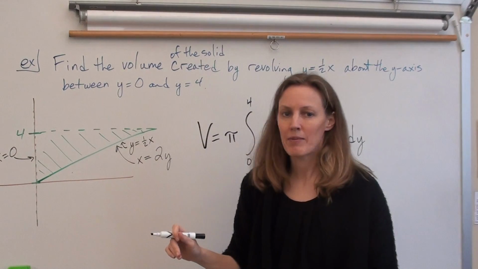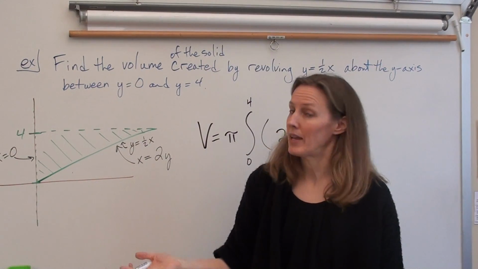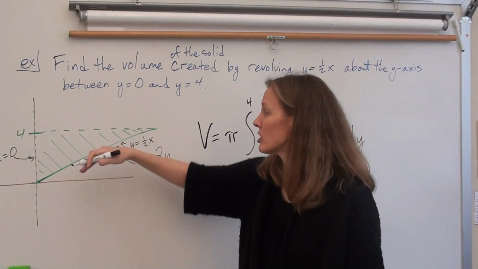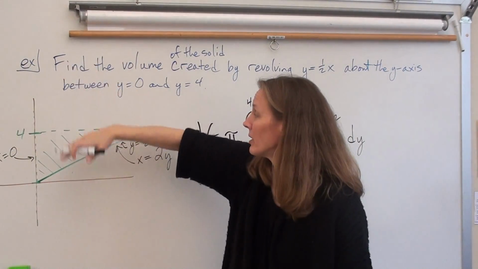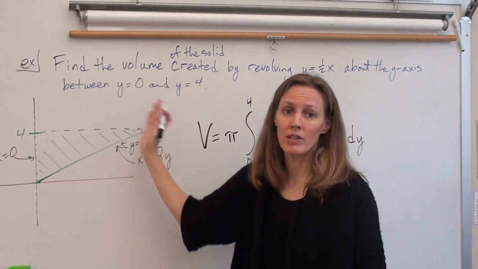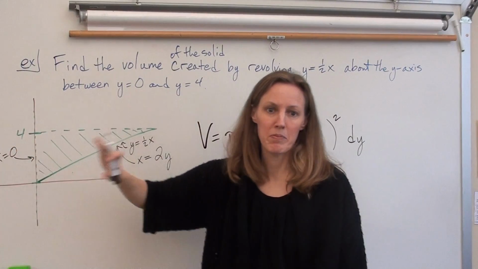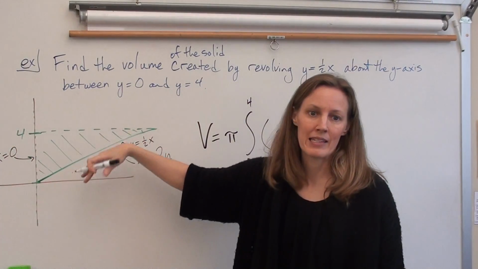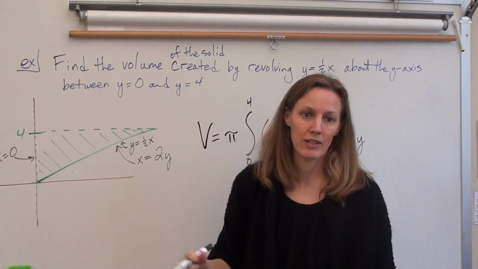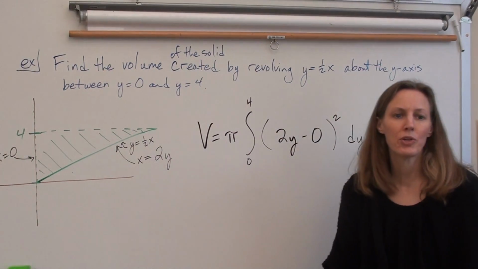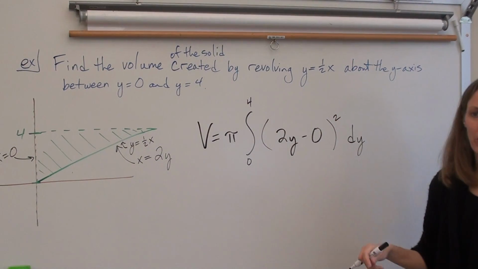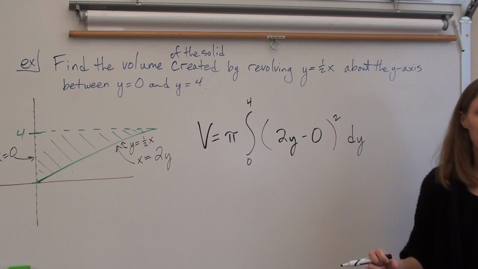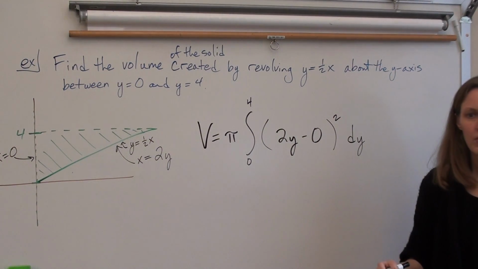Is the shape the same? No. Is the volume the same? No. It's a much smaller volume if you revolve about the line y equals 4 than if you revolve about the y-axis. Much bigger volume. So it's not the same. You can't just swap them out because you don't like it. You're stuck. When you have a vertical axis, guys, you're in dy world. There's no way of getting around it.